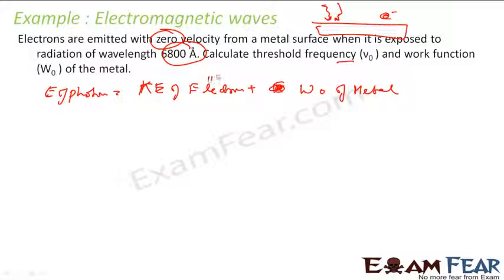This is zero because the velocity is zero. So energy of photon is nothing but work function of the metal. So I can find easily the work function of the metal, correct?